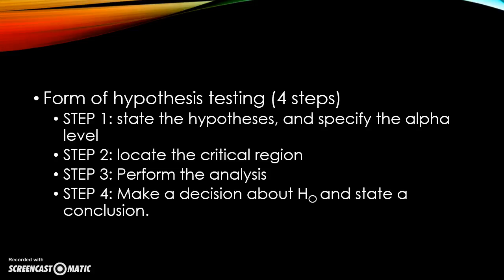The final thing we'll figure in step 3 is the F ratio, which is what we will use to reject or accept the null hypothesis based on where it sits in the critical region or outside of the critical region. And the final step of the hypothesis testing would be to make a decision about the null hypothesis, or H0, and to state a conclusion from our research.